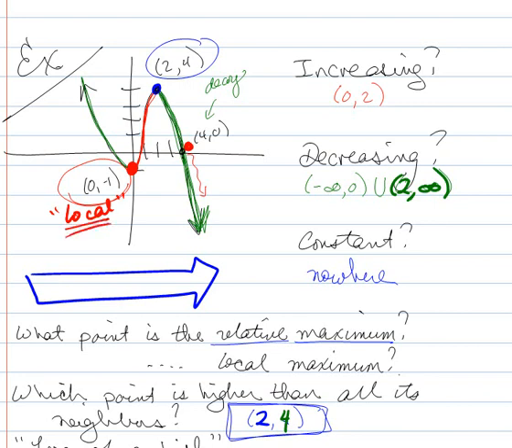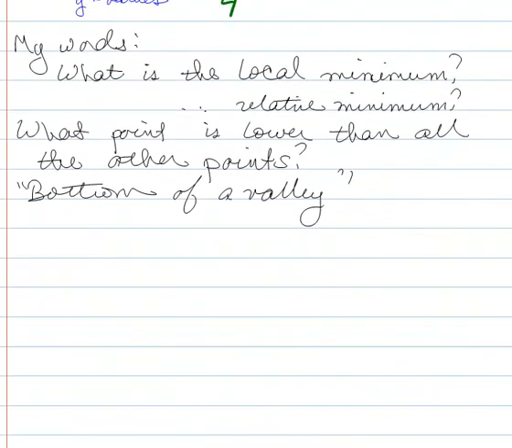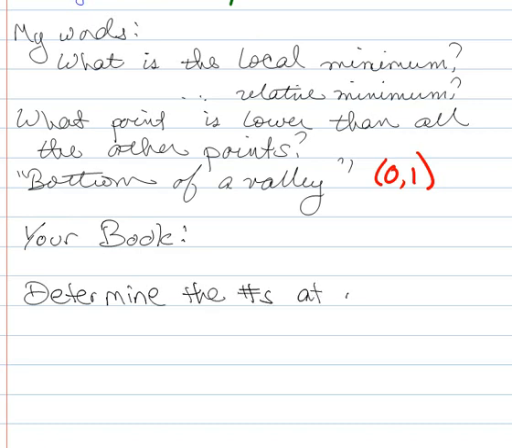Local min. This is considered a local minimum, and it occurs at 0, 1. So again, your computer is going to ask you these questions in a really dumb way. Your book is going to say, determine the numbers at which f has a relative minimum.